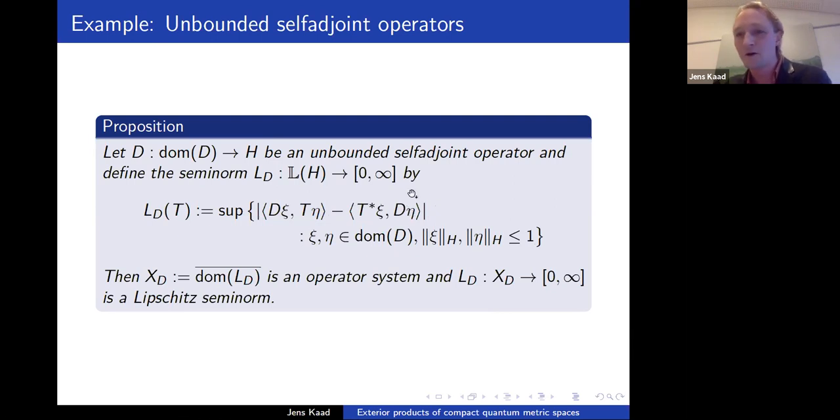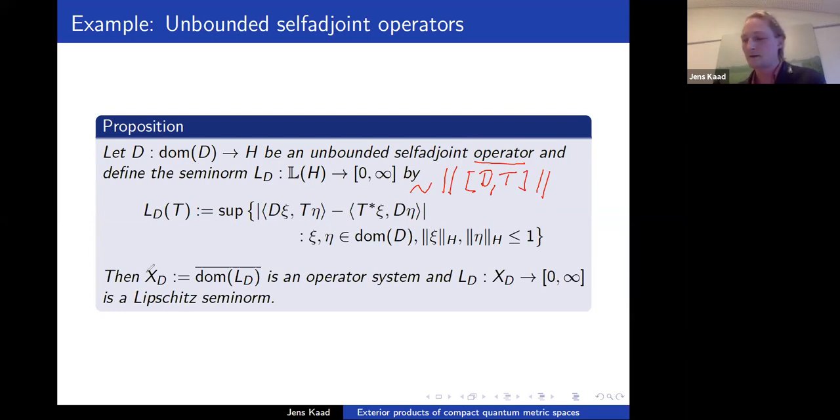So what this really wants to be is just the norm of the closure of the commutator between D and T. This is what it really wants to be. But this quantity for a general bounded operator need not make sense at all. It need not even be a densely defined operator.